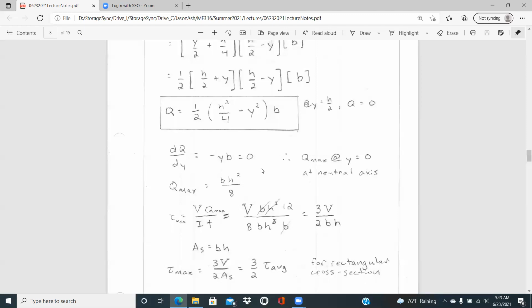If we want to look at where the maximum value is, remember anytime you're trying to find a min or max, take the derivative. And so dQ/dy would be equal to minus y times b. We'd get in the derivative of minus 2y, and then divided by 2 will just give us a minus y times b.